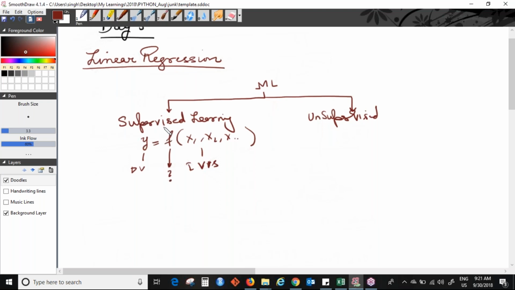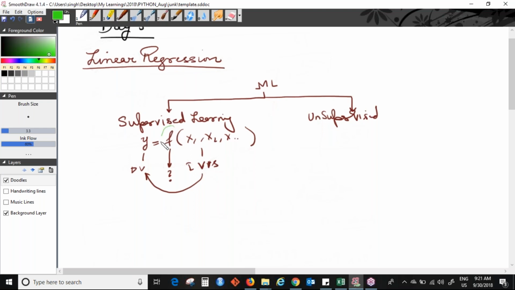Why is this called supervised learning? Because the independent variables supervise the dependent variable or they influence the dependent variable. They decide the value of the dependent variable and hence it is called supervised learning. Okay, and in these kind of supervised learning problems, our goal is to find this function f.